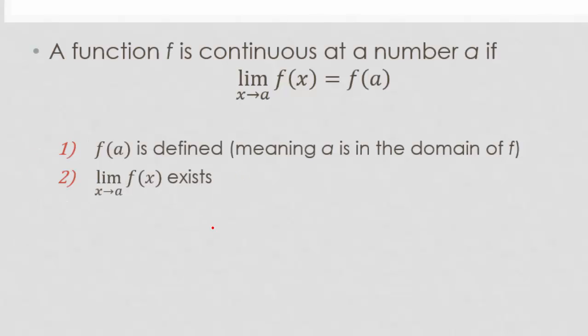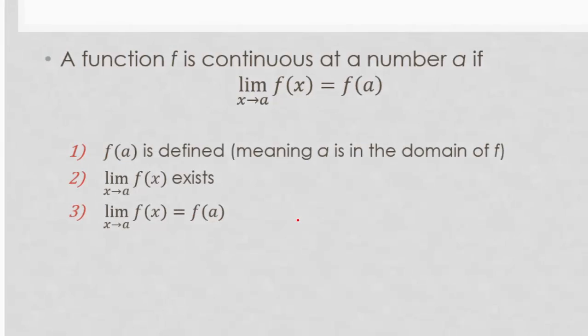If you can have those two things, there's a third condition that has to be met. Once you know that a is in the domain, and you find f of a, and you know that the limit as x approaches a on the function exists, in order for the function to be continuous at that a, the limit and the evaluation of the function, both at a, have to be equal to one another.